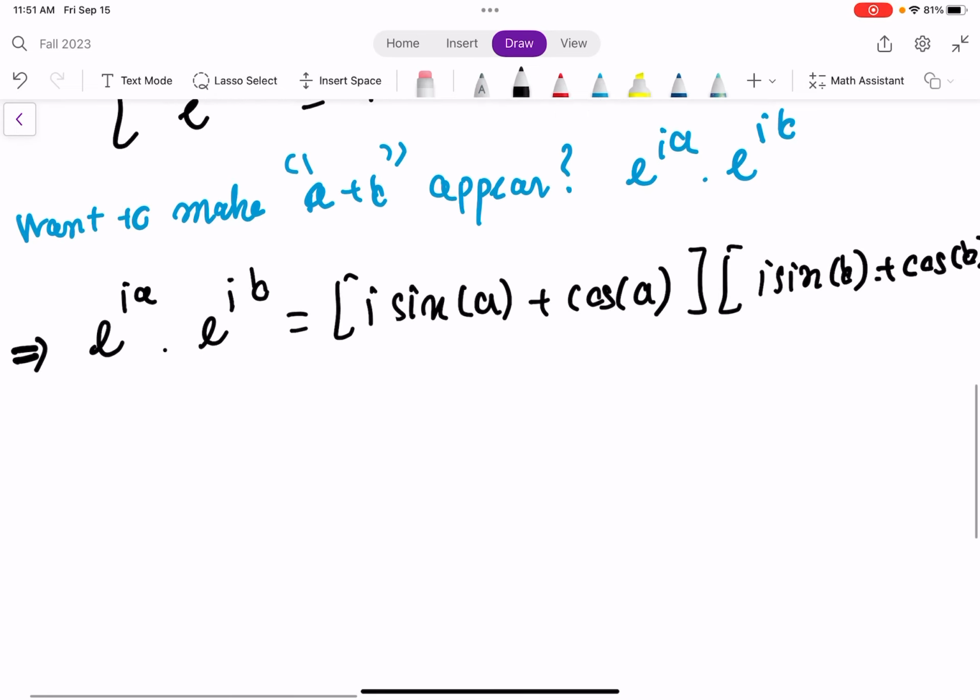Now remember, e to the power x times e to the power y is e to the power x plus y.